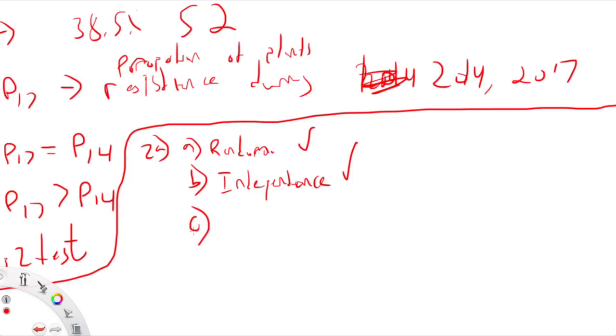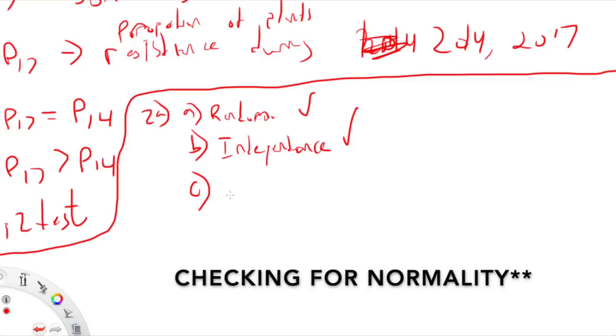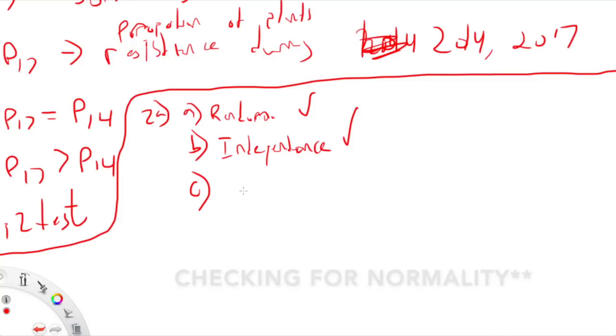And then C, this is the one that requires the most work, not a lot, but the most, is checking for normality. We would want to calculate the proportions of failures and successes in 2014 and 2017, and make sure we can expect at least 10 failures and 10 successes to assume normality, right? So we want to check for normality.